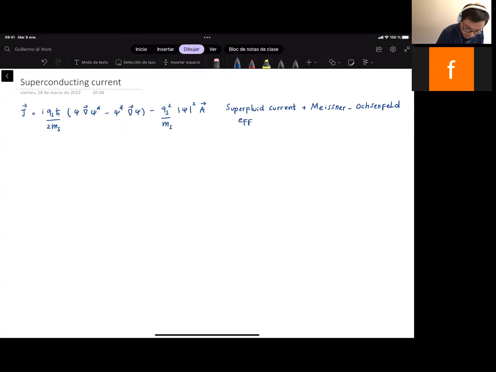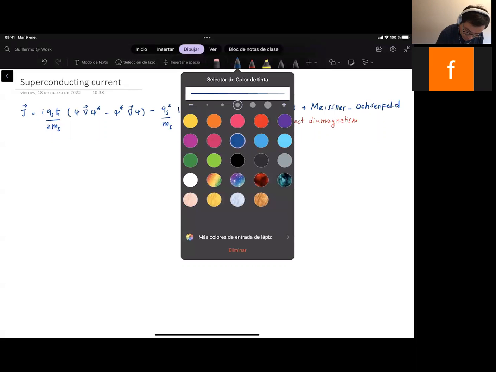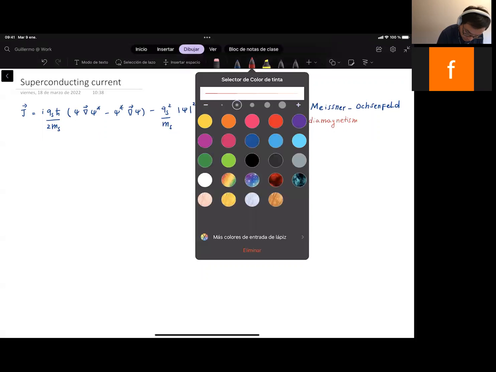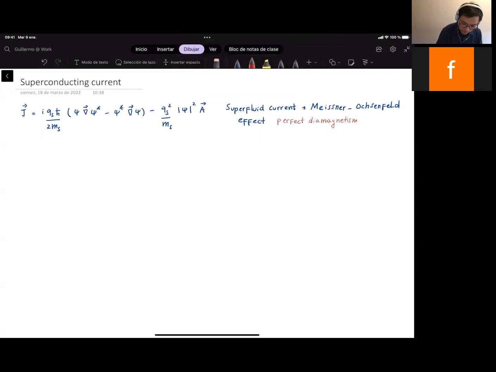So this effect has to do with perfect diamagnetism. So we will see this later with a specific example, why, I mean, the appearance of surface persistent currents.